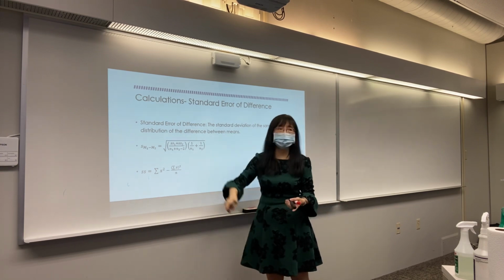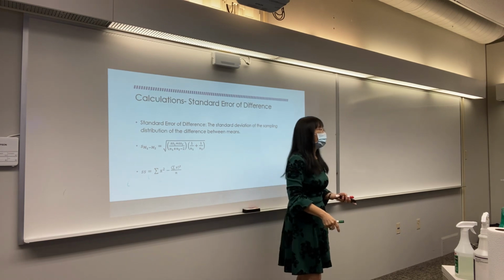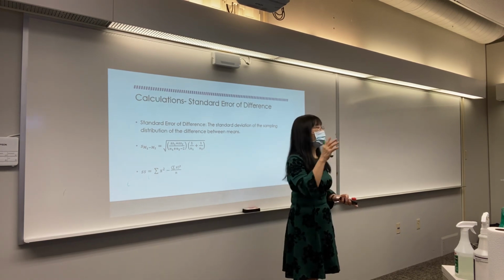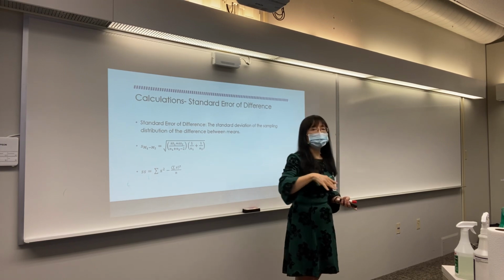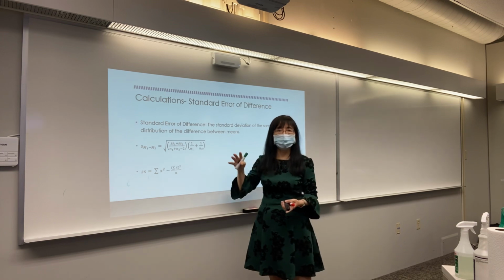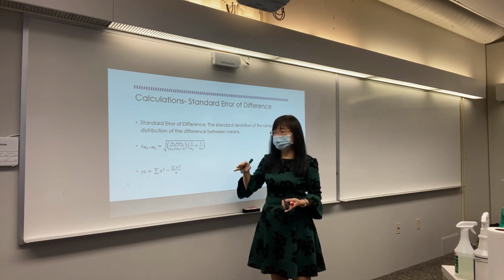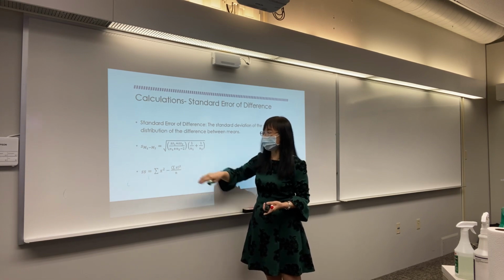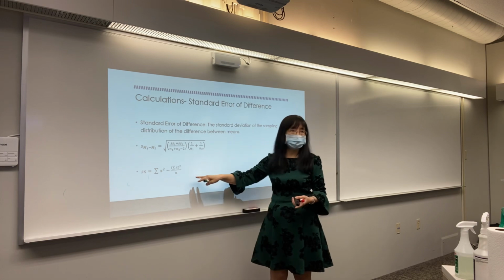So that's the formula. Don't just use standard error. You need to use standard error of difference. This is just the formula for standard error, the sum of square. I just put it here in case you forgot.